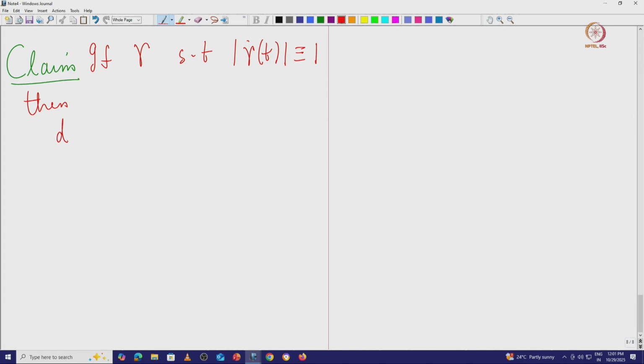So then the claim is that the derivative of the length functional actually agrees with the derivative of the energy functional. Okay. So what is the proof?